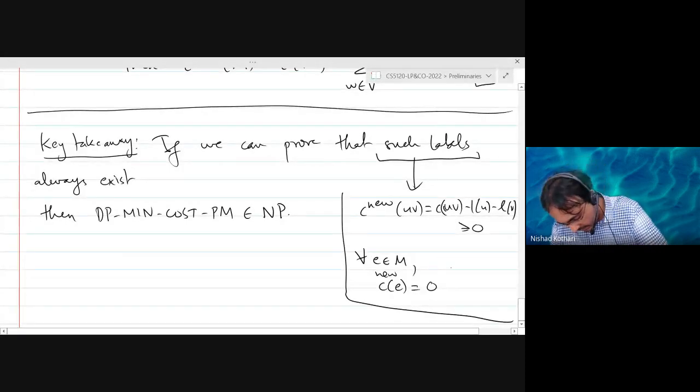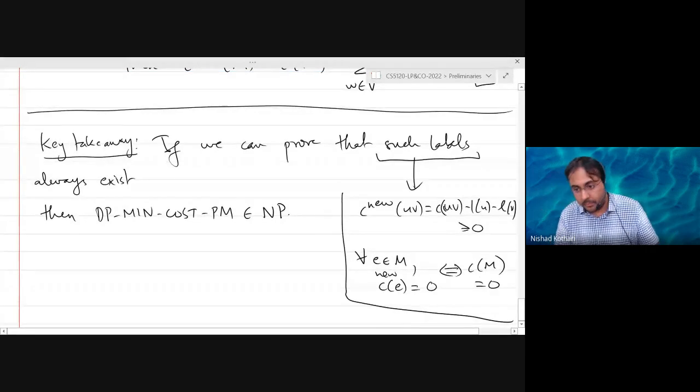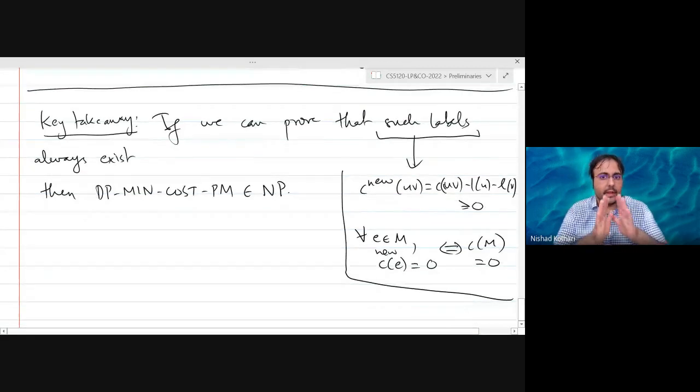Which is the same as saying that the cost of this particular perfect matching is equal to 0, right? Are there any questions or concerns regarding this discussion?